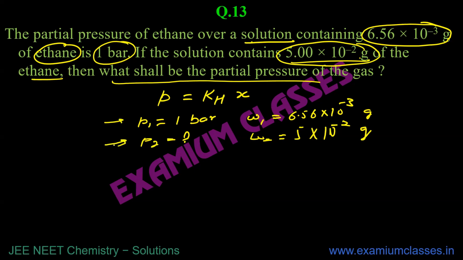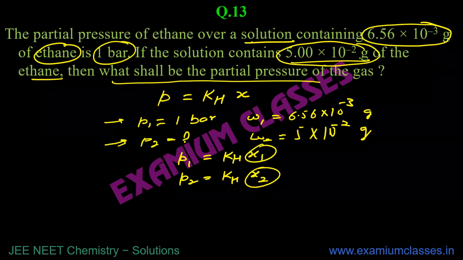So what can we do now? If you write the equations now, it will be P1 equals KH X1 and P2 equals KH X2. And how can you get X1 and X2? Can you get X1 and X2 in this case? If yes, how?